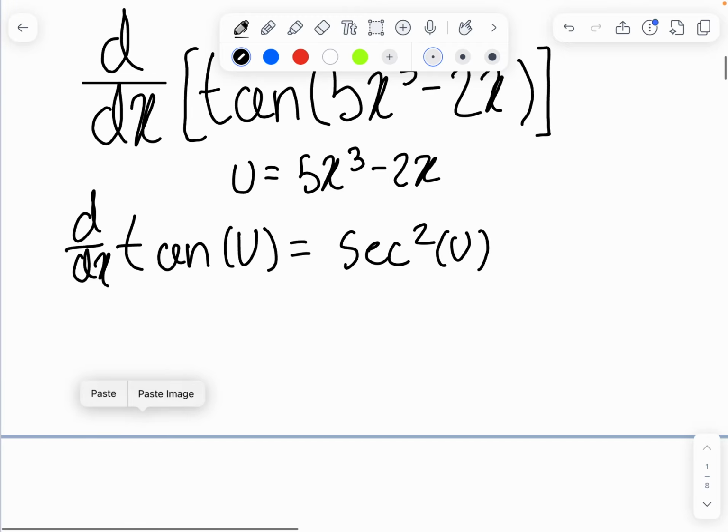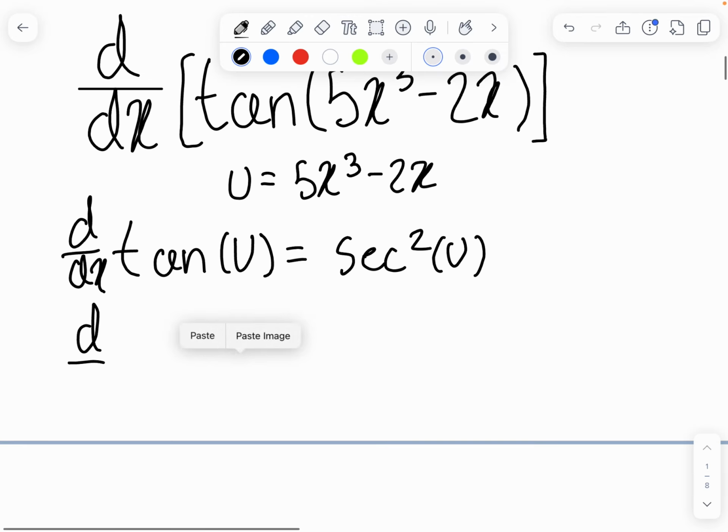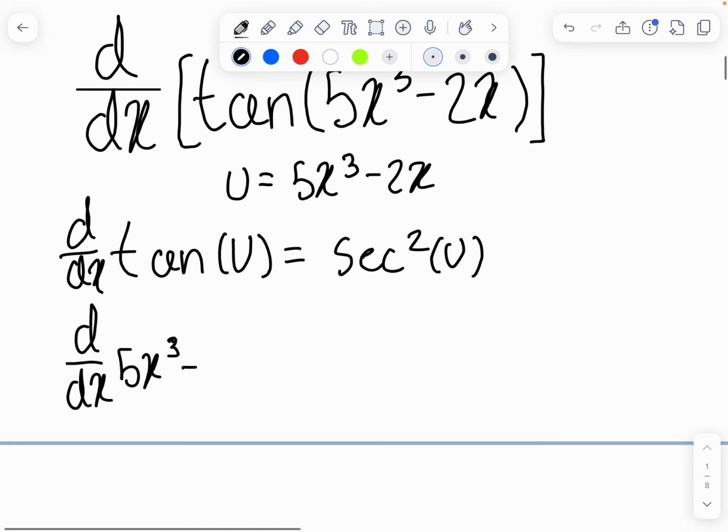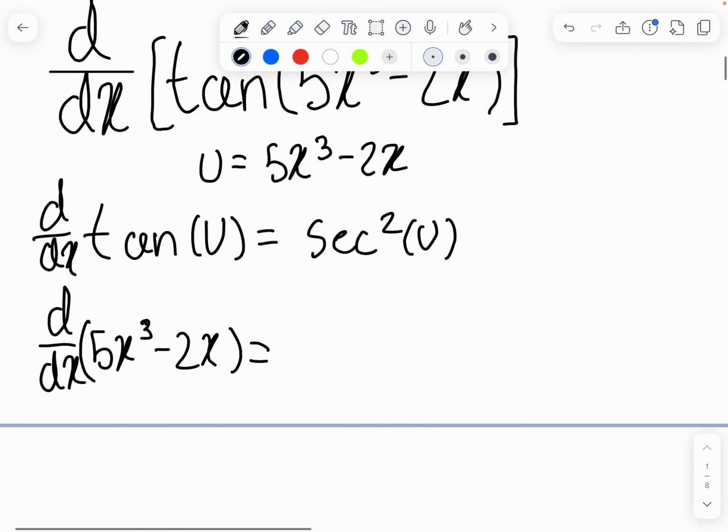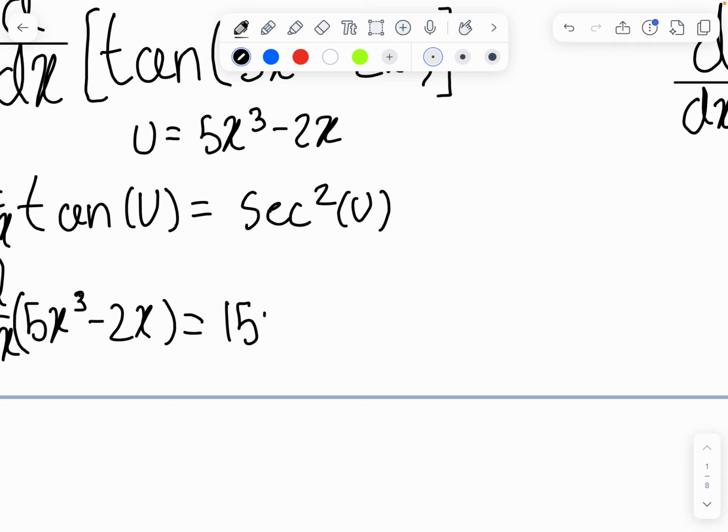So the derivative of 5x cubed minus 2x is equal to 15x squared minus 2.